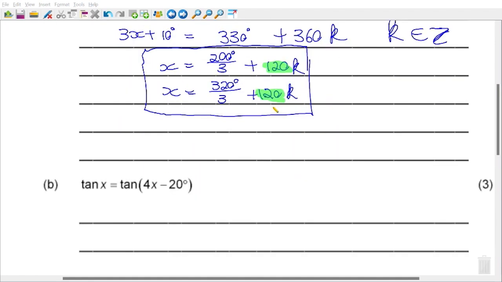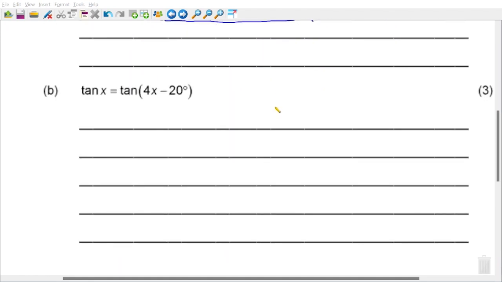Okay, the next one, an interesting one, because what we've got is tan equal to tan. And I just want to show you something here. I'm going to do something much simpler, like tan of theta equals tan of 10. Then I'm going to picture this little picture here. The one obvious answer is that theta equals 10.